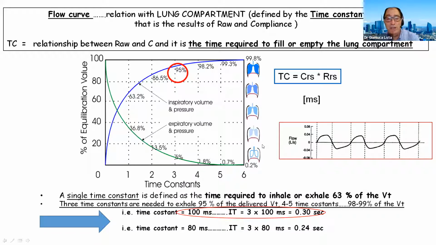And on the display of your ventilator, you have the measure of the time constant in milliseconds, for example, 100 milliseconds or 80 milliseconds. So if you want to choose the right inspiratory time, you have to multiply this value by 3. For example, in this case, the inspiratory time that is correct for this baby is 0.3 seconds.